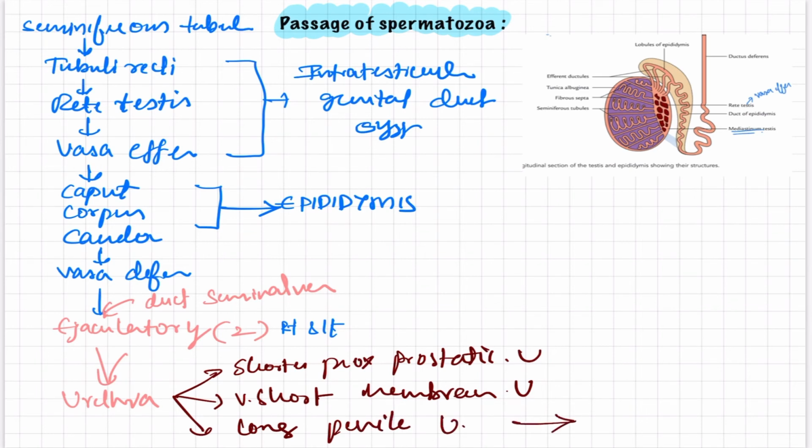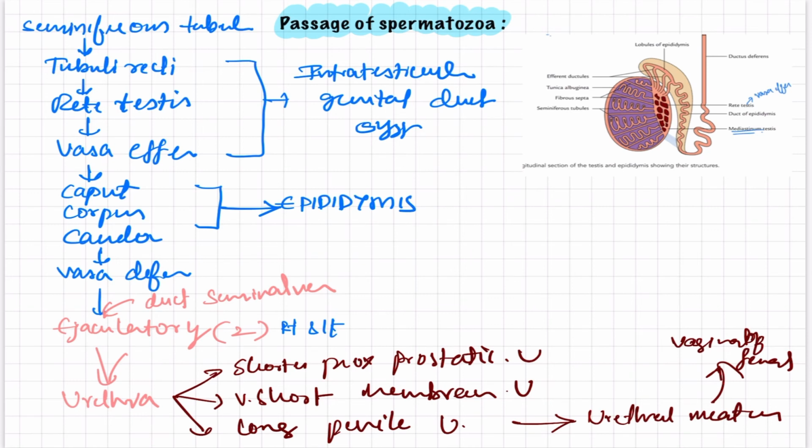After this it comes through the external urethral meatus to outside the body. This is all the passage of the spermatozoa from the seminiferous tubule to the external body. And if copulation occurs, it will enter the vagina of the female.